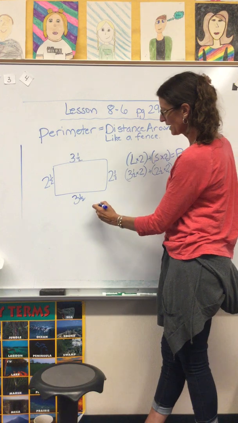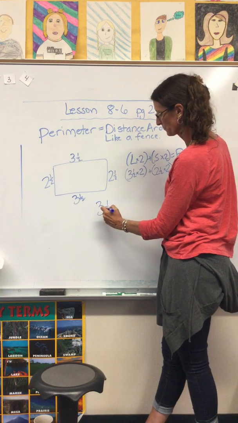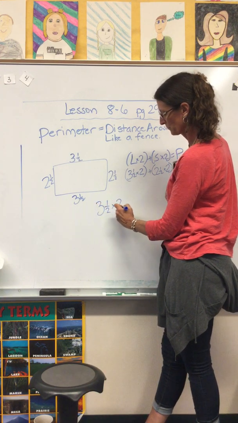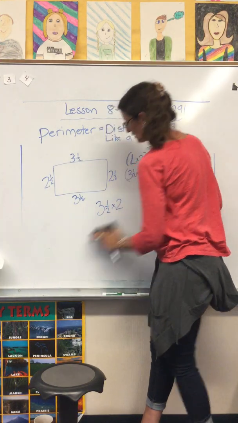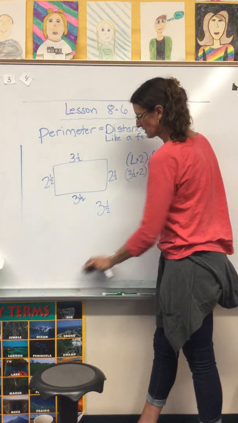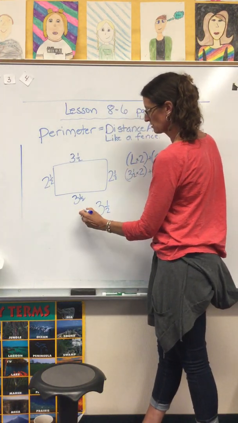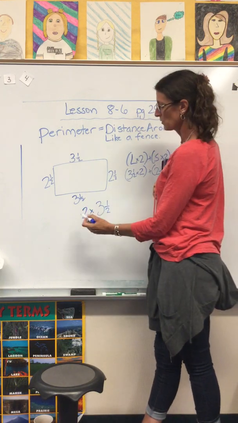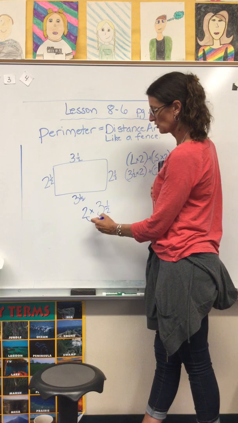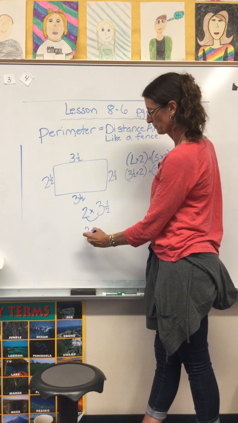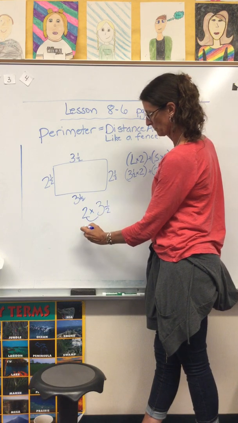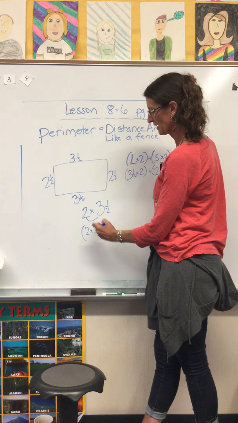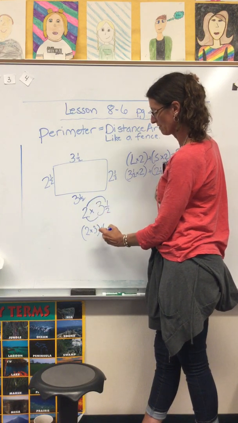So if I do 3.5 times 2, I always like to actually put my whole number that does not have a fraction in the front because it makes it easier for me. So I know I have to split it as 2 times 3, and then I also add that to 2 times 1/2.